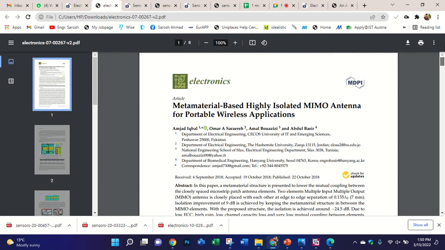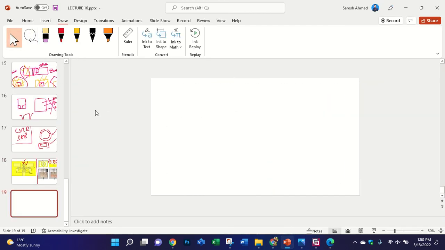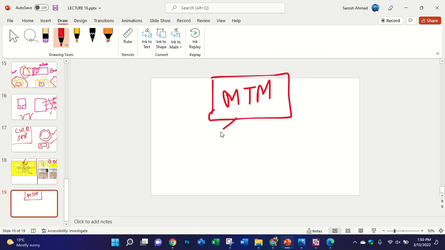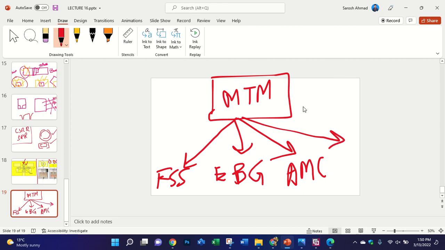Wait a minute, let me explain one more thing for those who are confused. Suppose metamaterial is the main branch and it has subcategories, like FSS, EBG, and AMC. Metasurface is the same.